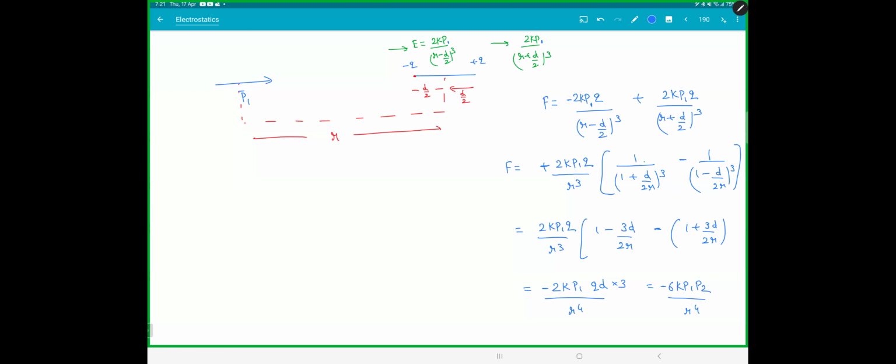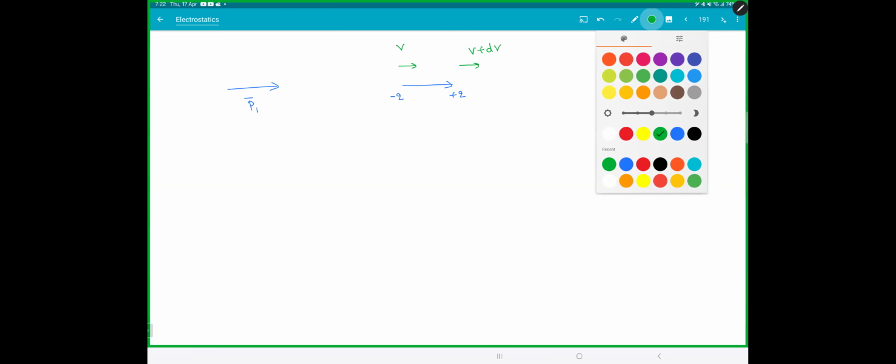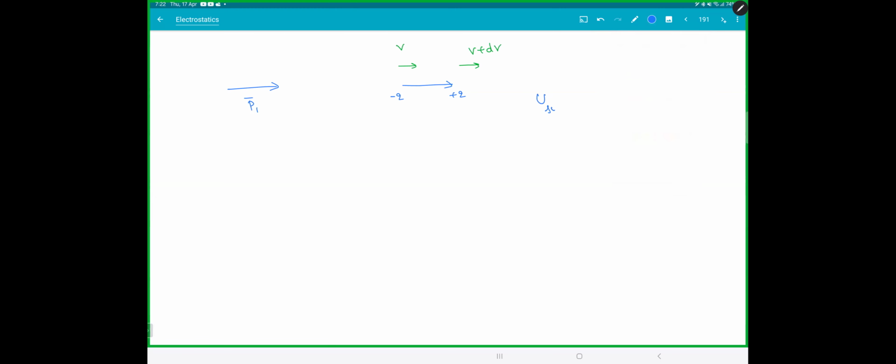There is another way to do this thing. So you still want to find energy, isn't it? So P1, take it as minus Q plus Q. Same story. Let this point have potential V, and let this point have potential V plus dV. So the potential energy of the system will be minus q into V plus q into V plus dV. So here also you can do that r minus d by 2, r plus d by 2 story.